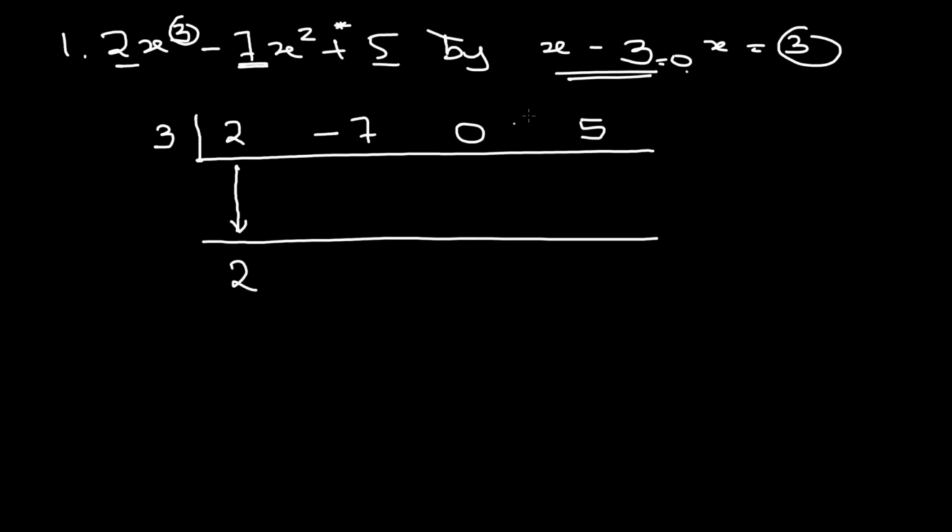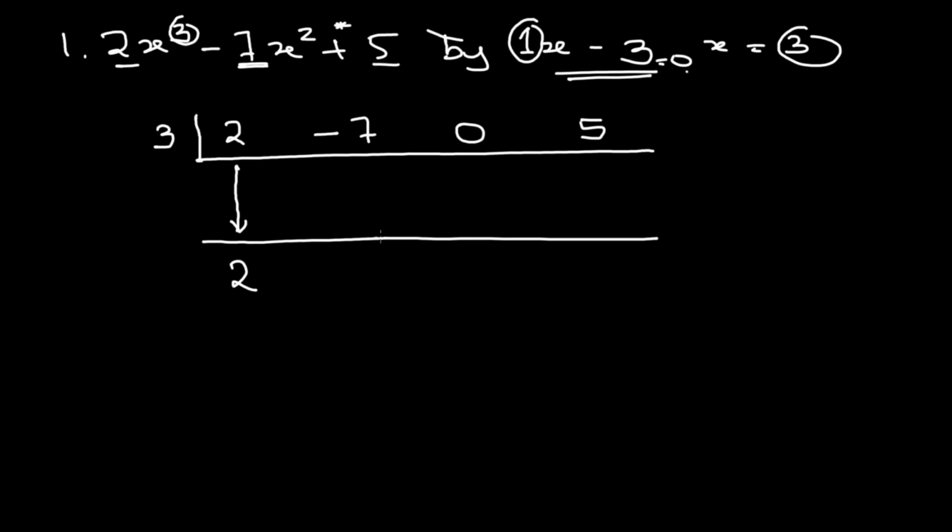So why does it come down? It's because we're dividing by this 1. Remember I said that we focus on ensuring that we have 1 here. So when you divide here, 1 into 2 gives you 2. So this will always start with the first coefficient, which is 2.